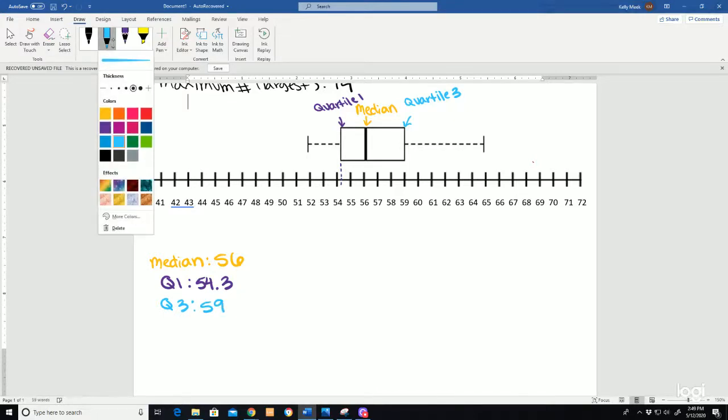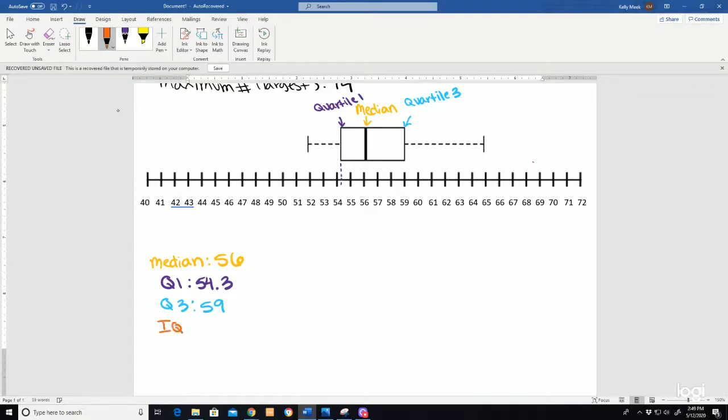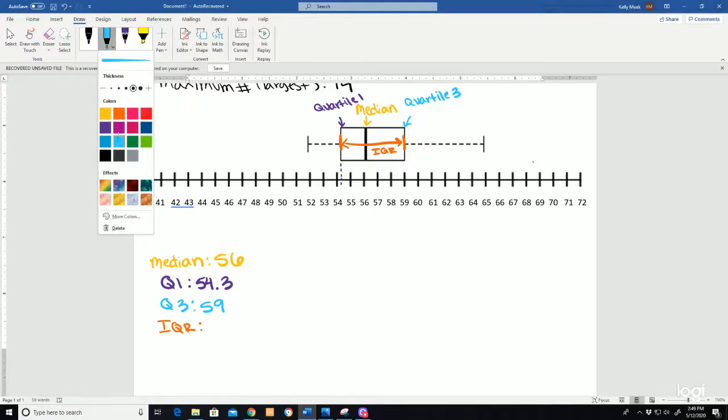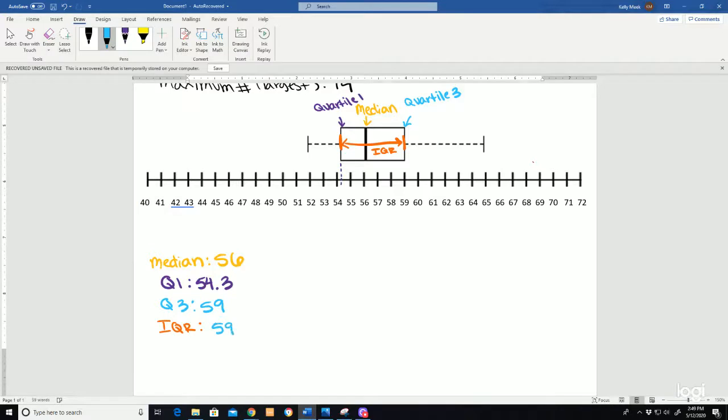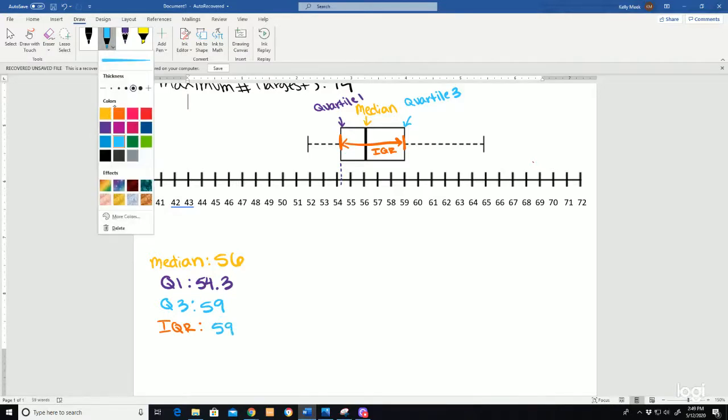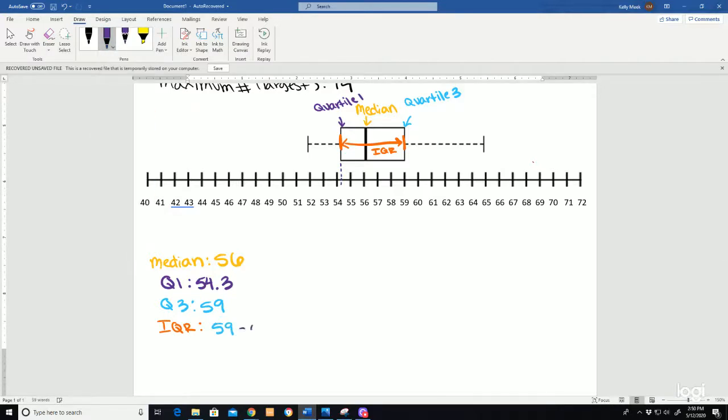Now we can combine those two things together and we can know what the IQR is. Remember that the IQR is going to be from this line to this line. It is the distance in between. So this is your IQR, the range between those two numbers. The way that we find the interquartile range is we subtract Q3 minus Q1.